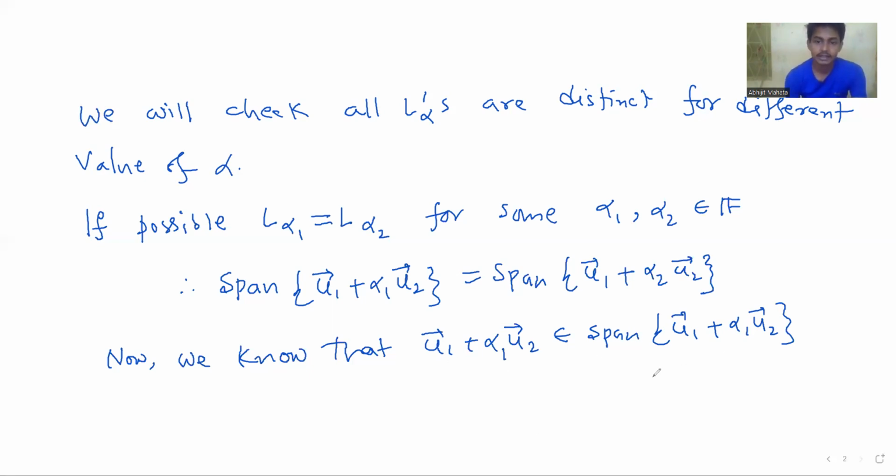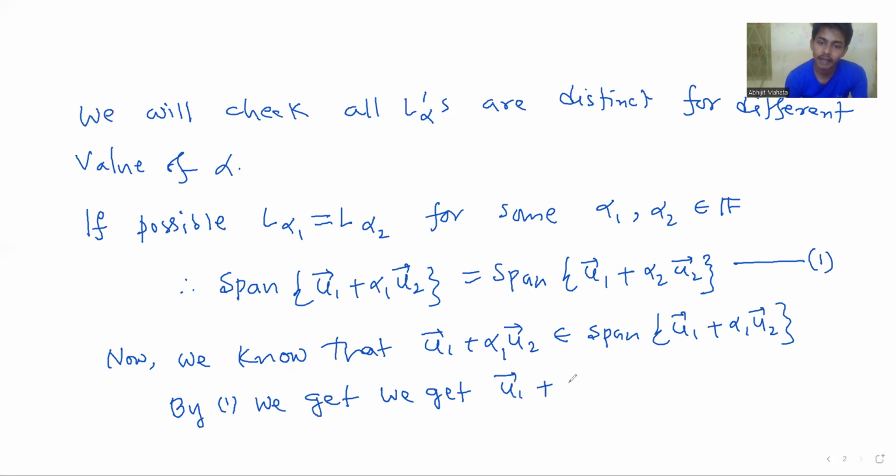So it is in this span. Call this 1. Since these two sets are equal and this element is in the first set, by 1 we get that u1 plus alpha 1 of u2 is in the span of u1 plus alpha 2 of u2.